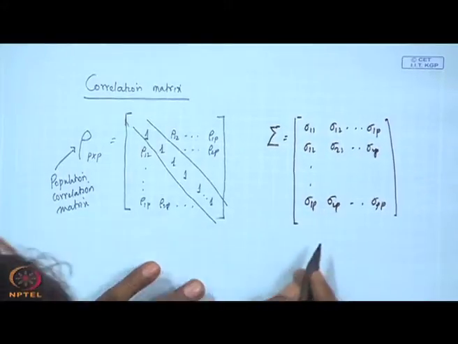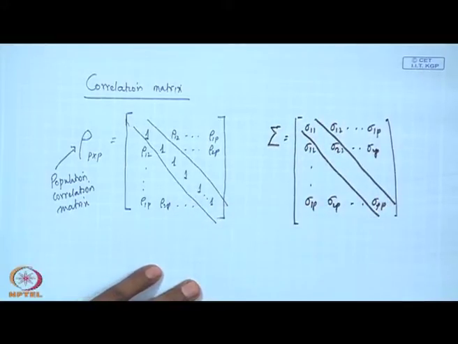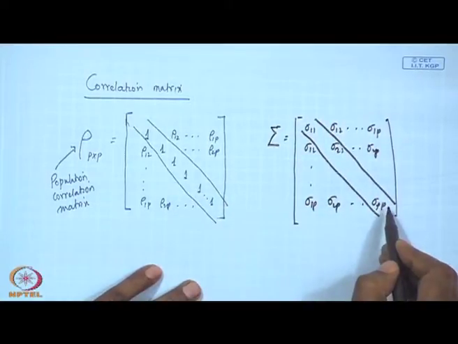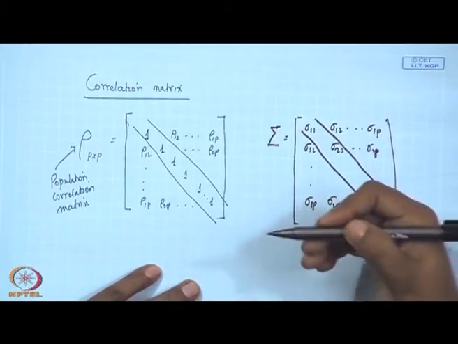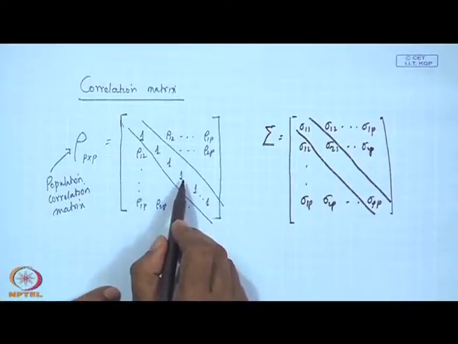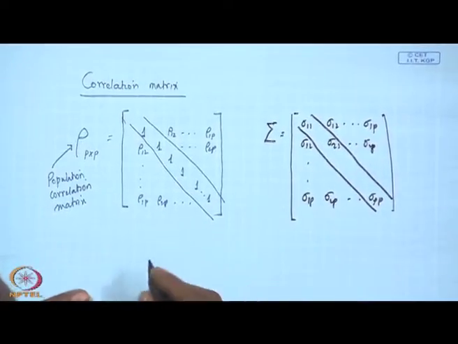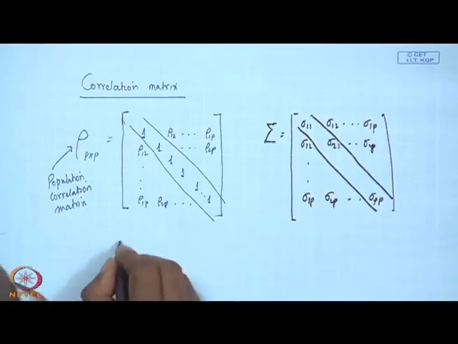So, the crux of the matter is the diagonal elements are variances, that means the same variable varying with itself. Similarly, here the diagonal element is the correlation. Okay.